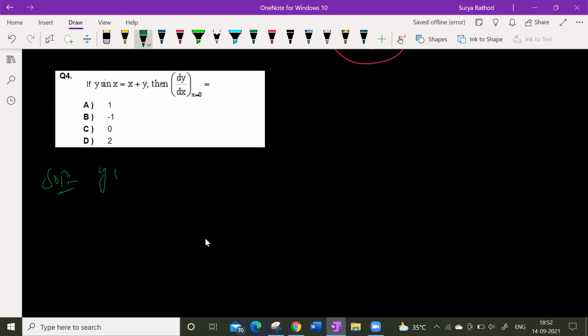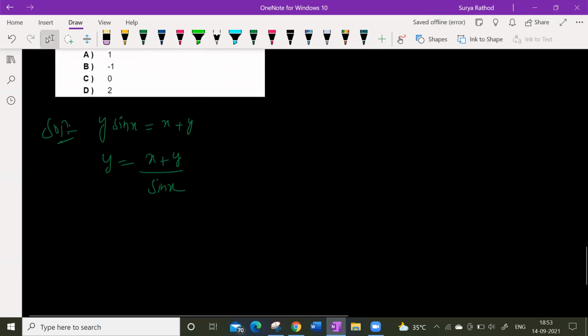So y sin x is equal to x plus y, given. So y is equal to what? x plus y by sin x. Yes or no? Yes, sir. So differentiate now. dy by dx is equal to, let us consider this as u, this as v.